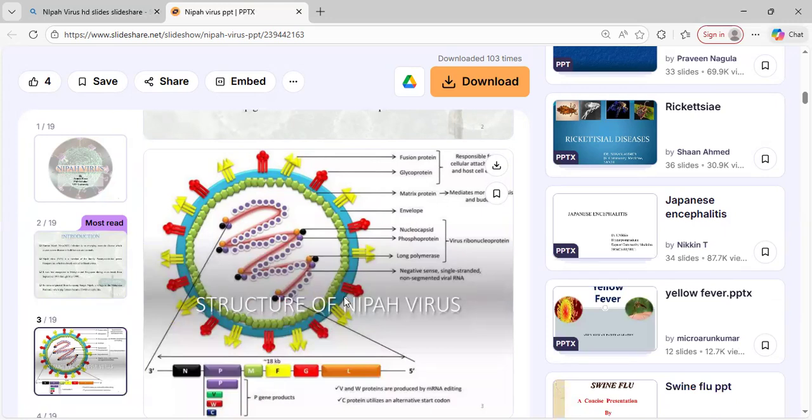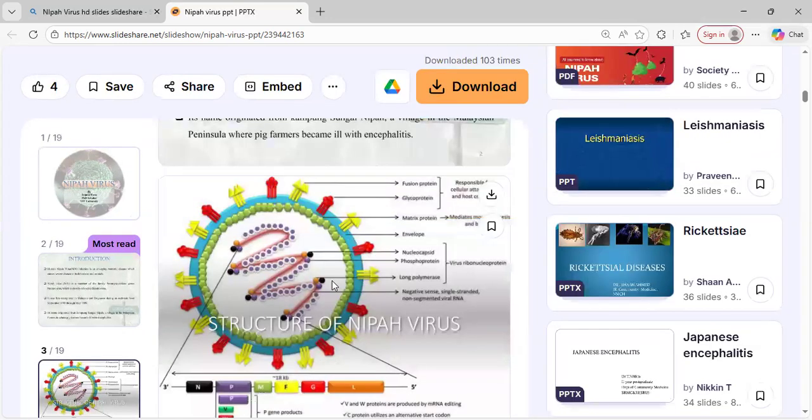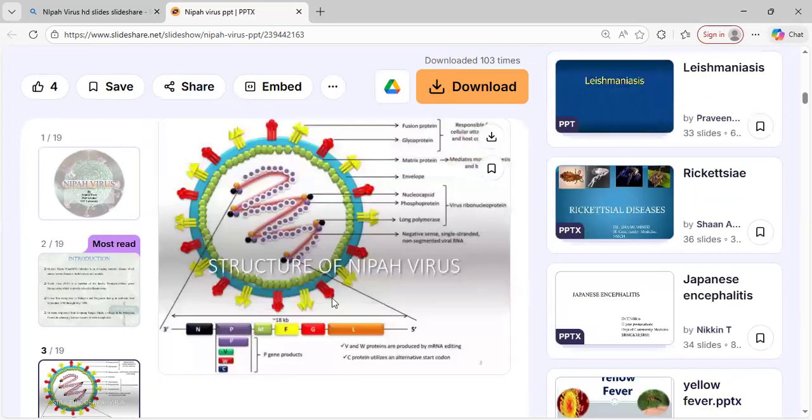Regarding the structure, we can see here the structure of Nipah virus. At the top, the yellow colored arrowhead is the fusion protein. This one is the glycoprotein, this one is the matrix protein, this one is the envelope, and this one is the nucleocapsid.